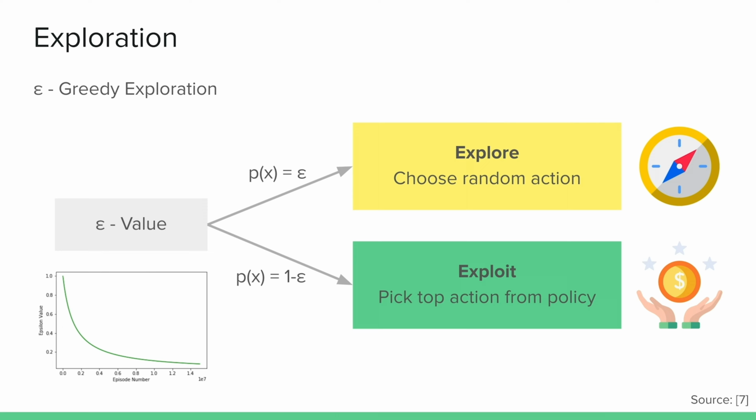So we only take random actions, and over time we reduce that value of epsilon until we end up at a point where we only follow the policy and do not take any random action anymore. But by doing this epsilon greedy exploration, we can find a good balance between exploring our environment, exploring new ways to solve the problem that we're tackling, and making use of what we've learned before.